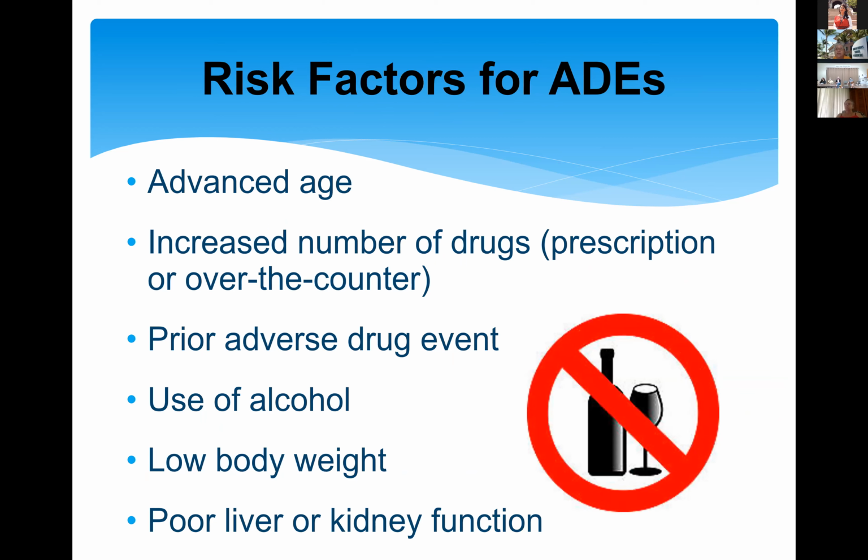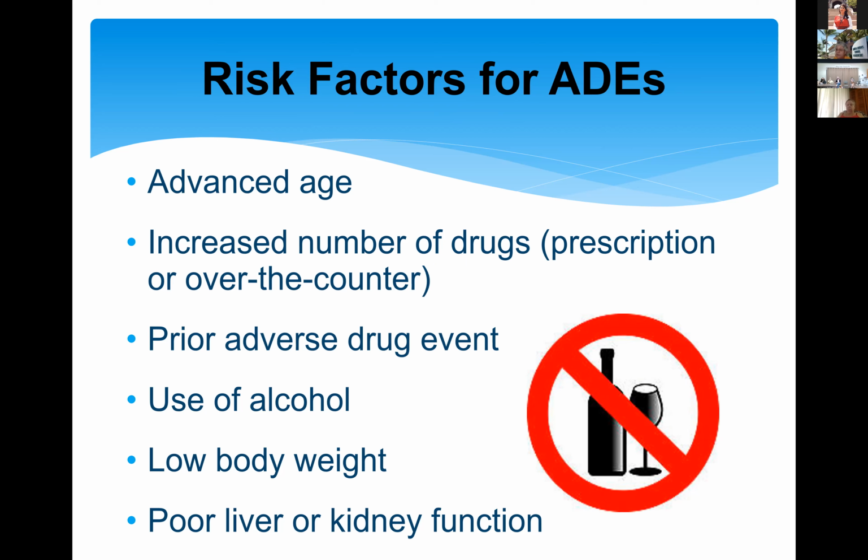These are the risk factors for adverse drug events. The first one is advanced age. The second one is high number of medications. This could be prescription medications or even over-the-counter medications or even herbal medications. So the more of these that you take, the more likely you are that there will be an adverse drug event. If there was a prior adverse drug event for that medication or for even one in the same class of medications, that means you're at higher risk again in the future.